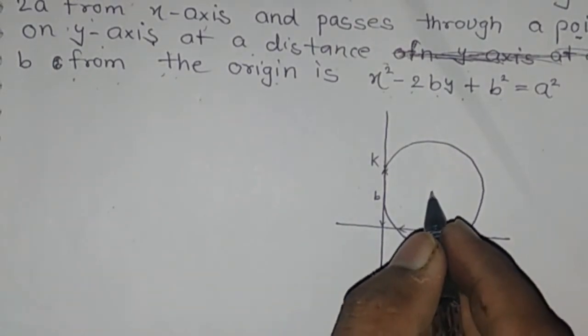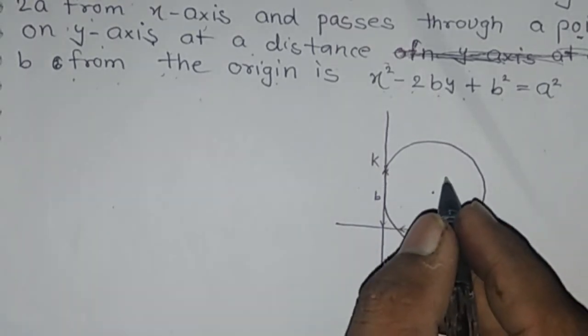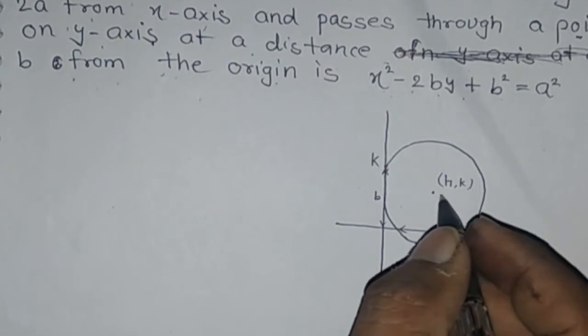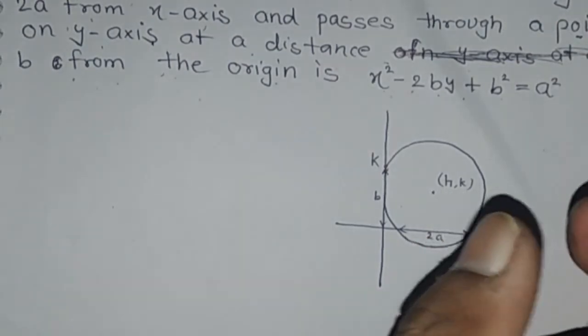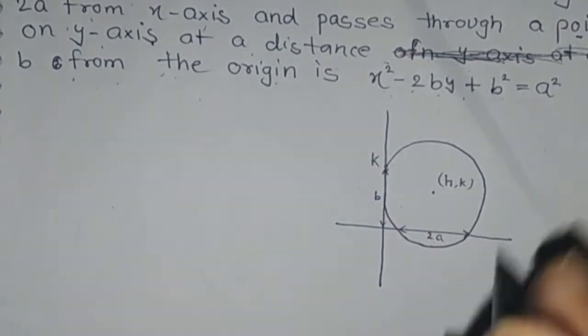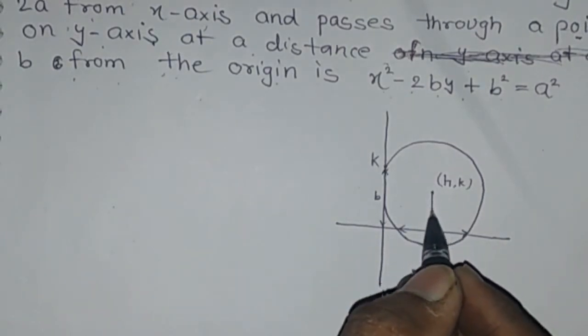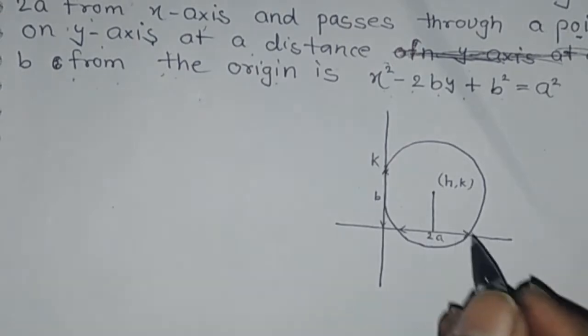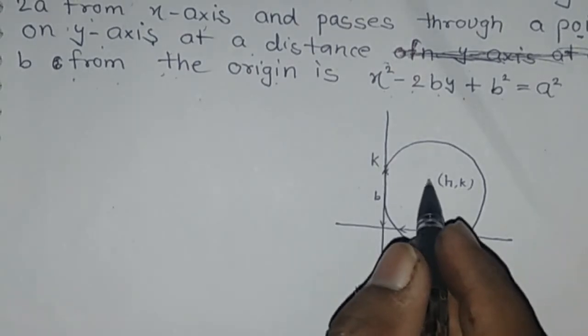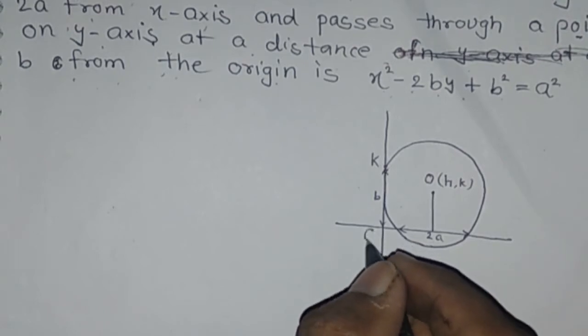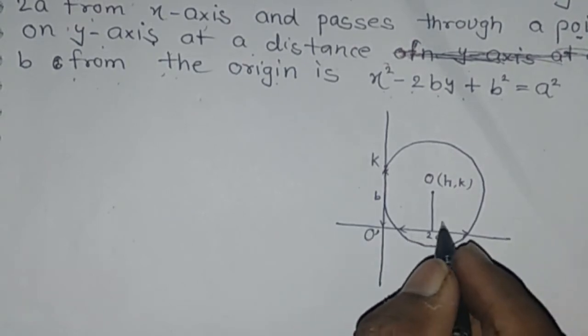Now we have to find the locus of the center, means we have to find the locus of h comma k, or we have to find an equation in terms of h and k satisfying these conditions. Now it is OM.